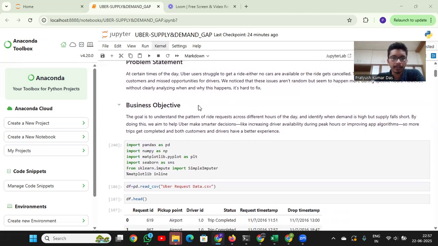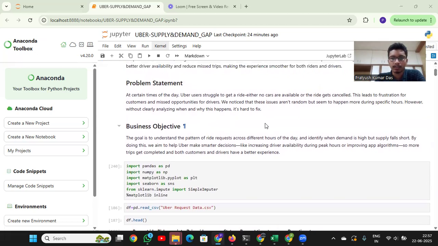Coming to the problem statement, many times in a day, the users face a problem in which they're either not able to find any cabs or the trips get cancelled automatically.